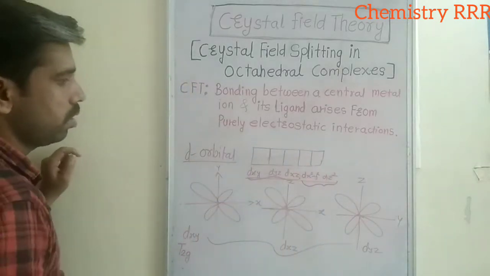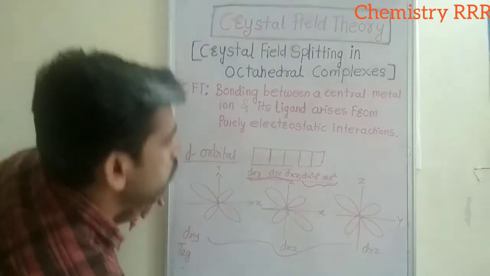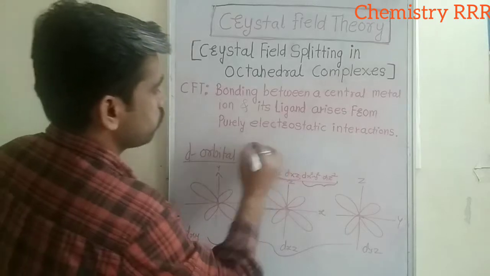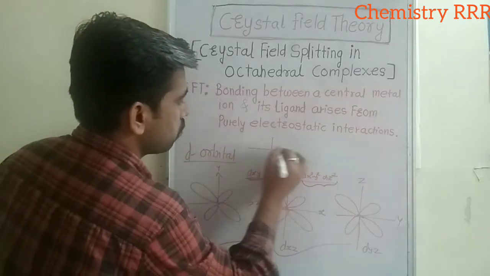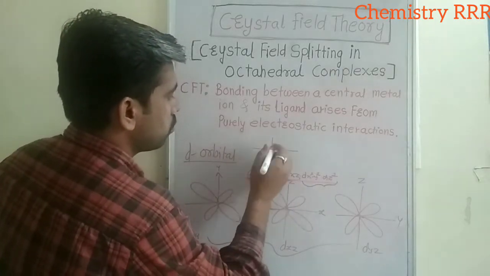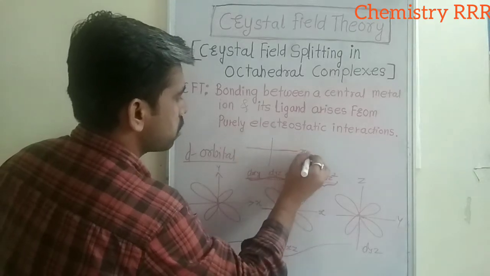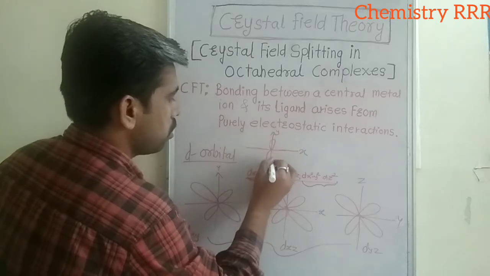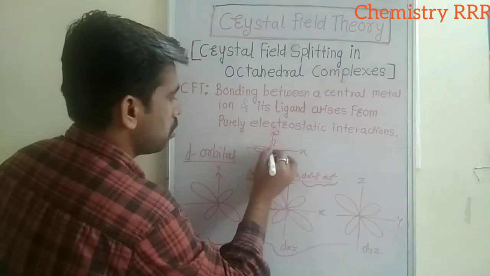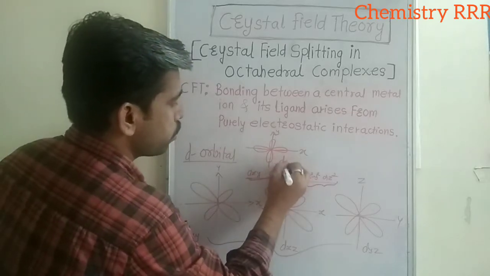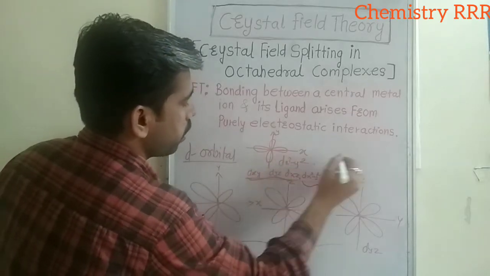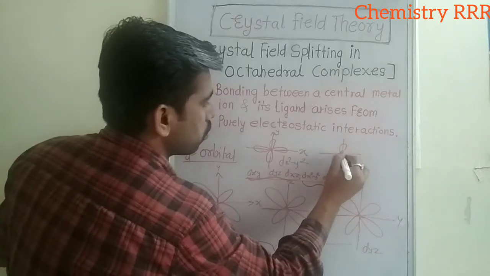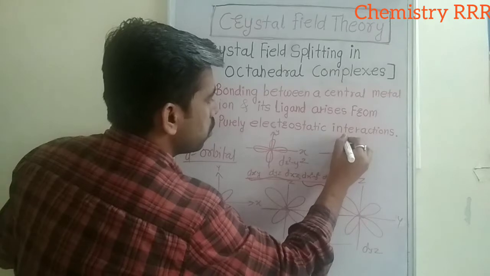Okay, and now the remaining two orbitals, that is dx square minus y square and dz square orbital. The shape of these orbitals is: the x axis, y axis, dx square minus y square, and last one dz square orbital, z axis.